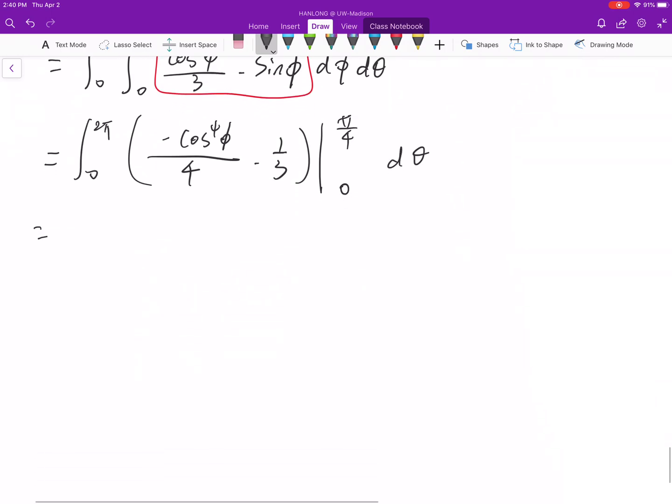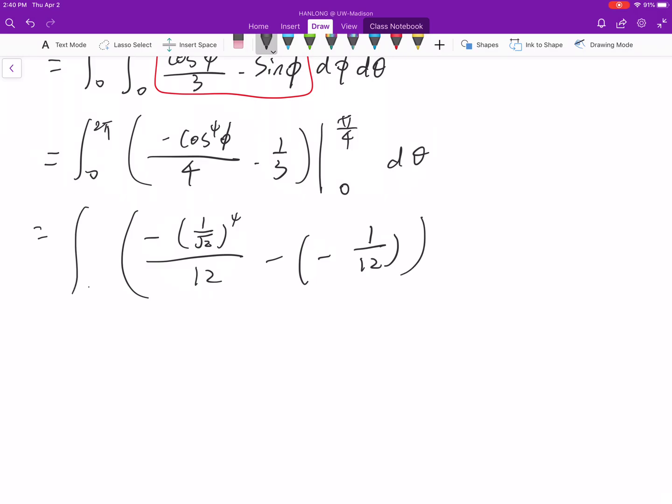Then you plug in, and you will have negative (1/√2)^4 divided by 12 minus negative 1/12, integrated from 0 to 2 pi d theta.